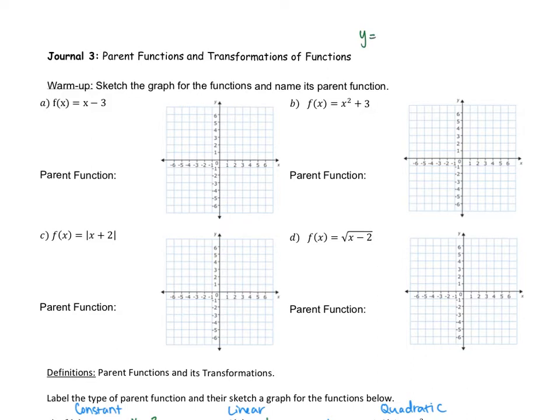Typically, when you have an equation, you have a parentheses or square root, but inside the parentheses, usually you have an x, and if it says like a minus sign inside, let's put h, and sometimes you have something that's helping it shift up and down, so I'll just put a plus k here. And sometimes you have a slope, so let's put an a here.